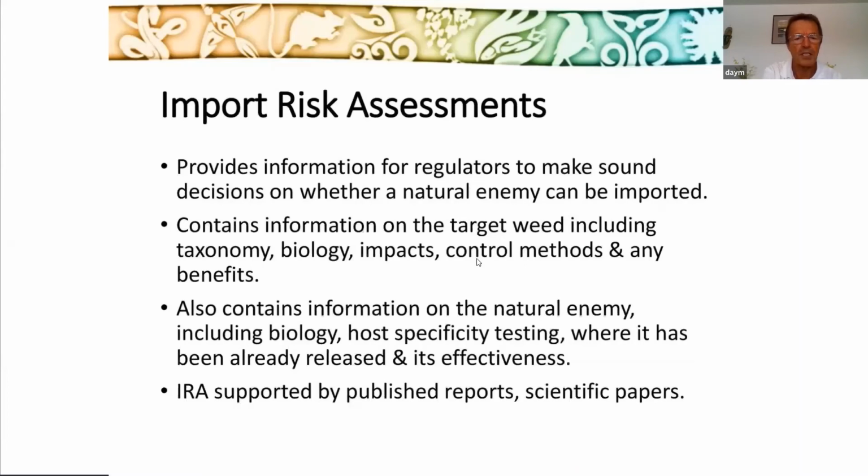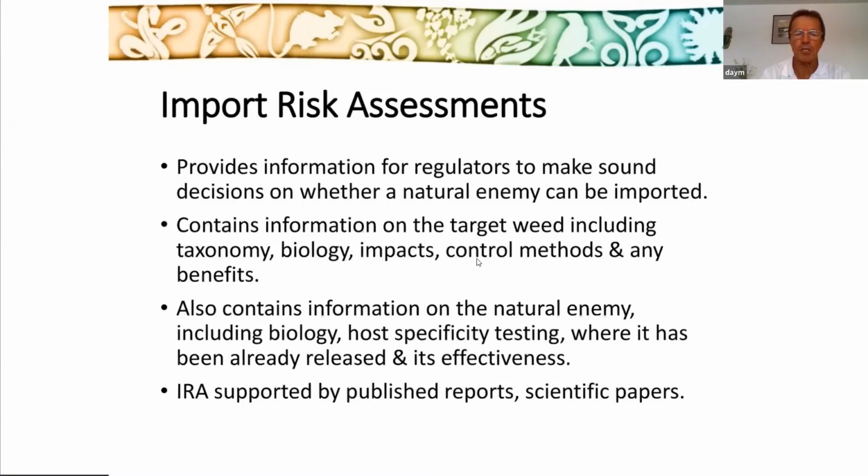But also attached to the taxonomy is, are there any closely related plants to our weed found in the country? And this is because we want to know if our agent has been tested against those ones, or whether we need to do extra testing. And so understanding the taxonomy is great.